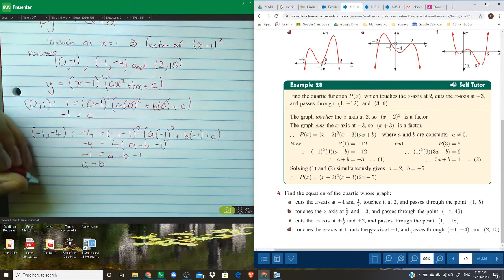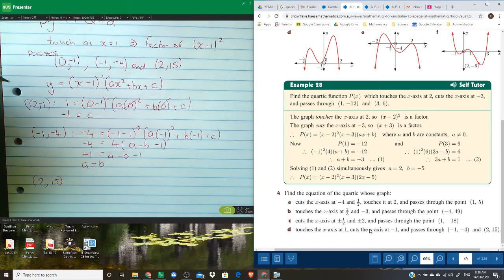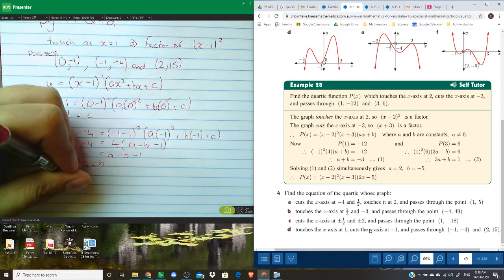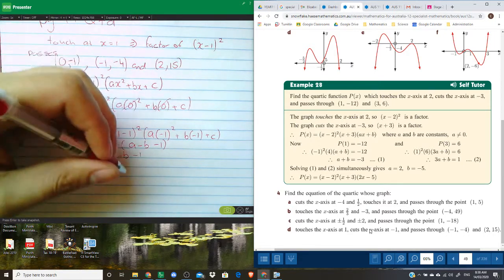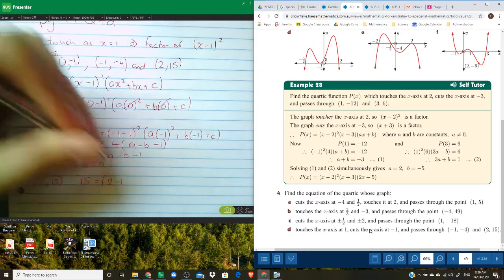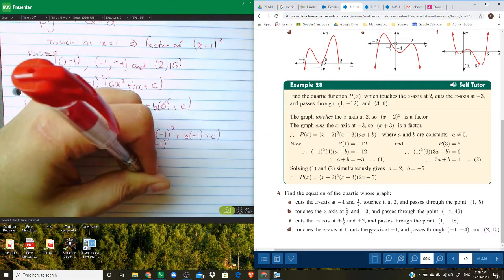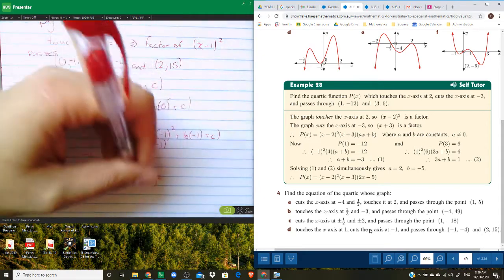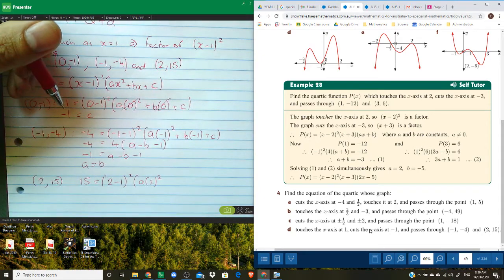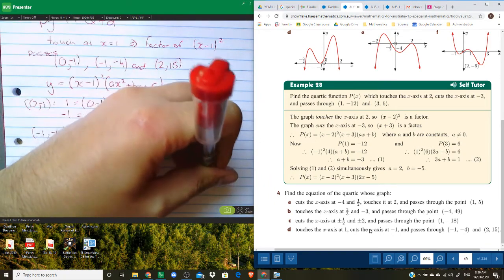Now let's move on to 15. 15 equals (2 minus 1) squared times (a times 2 squared plus b times 2, and c is minus 1).